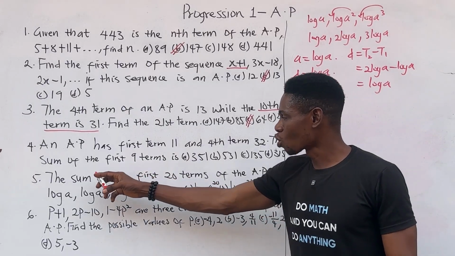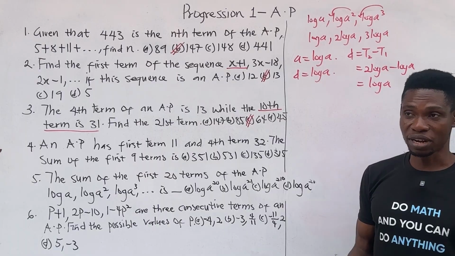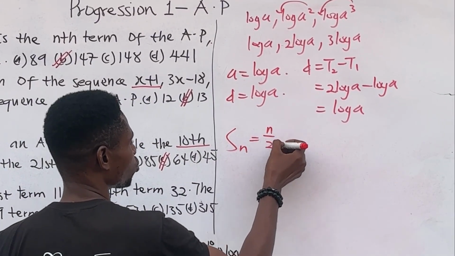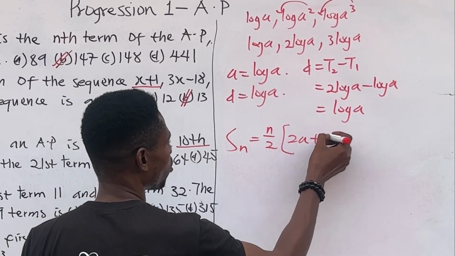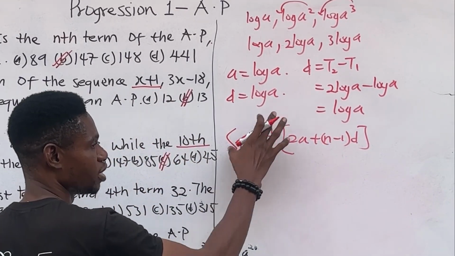Now the question says we should find the sum of the first 20 terms. Remember, sum of n terms of an AP, I gave you the formula earlier. Sn equals n over 2 into 2a plus n minus 1 d, right? So our n is 20.